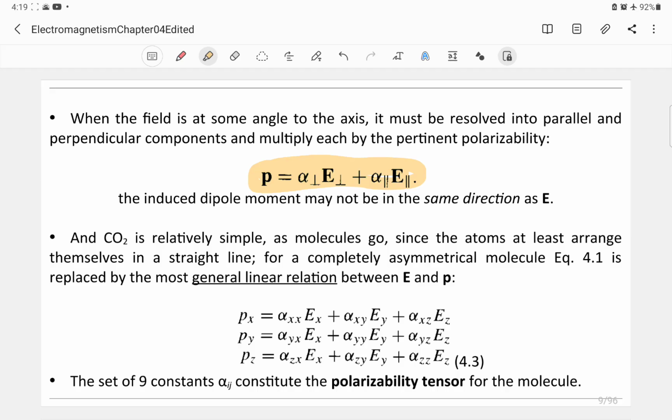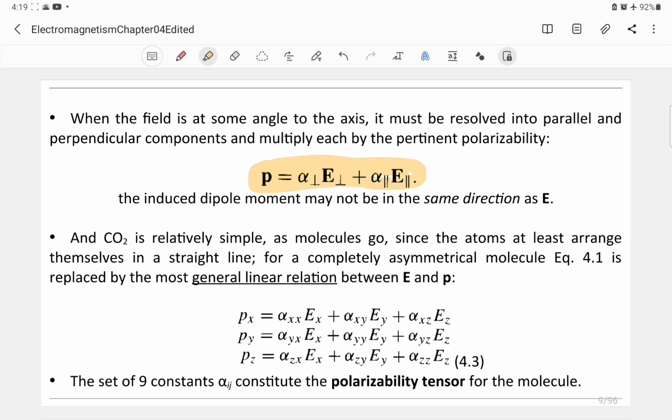the general relationship between dipole moment and the external electric field is that you have to construct a tensor, because in general you have an asymmetrical molecule, and the electric field could also be in the three directions.